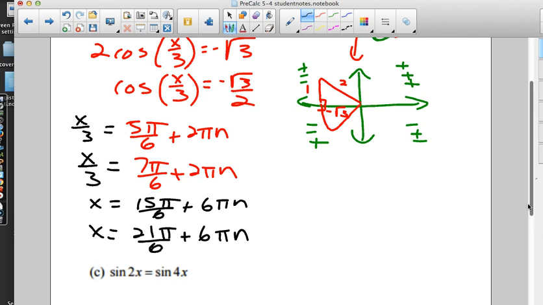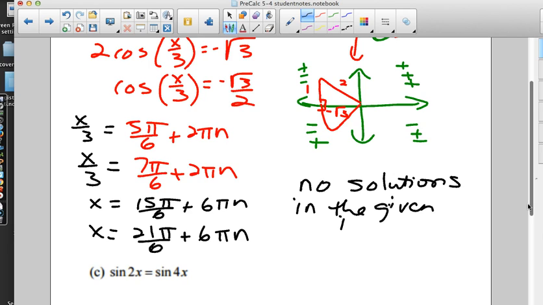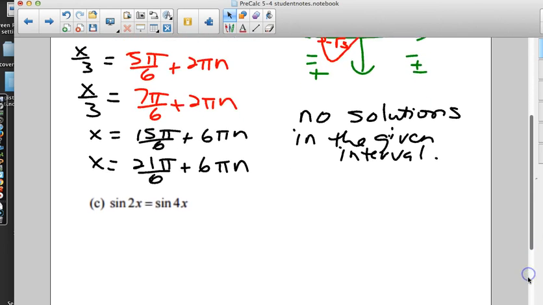So we have to put no solutions in the given interval. It's more than once around. Can't do it. But at least we were able to get to the point where we could tell we couldn't do it.